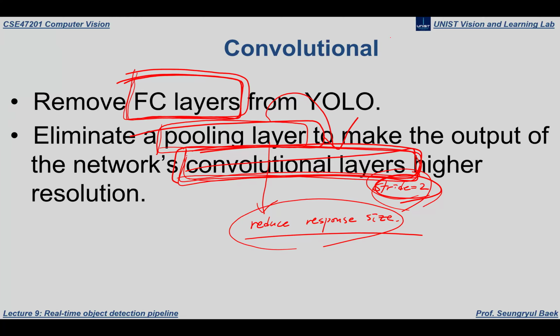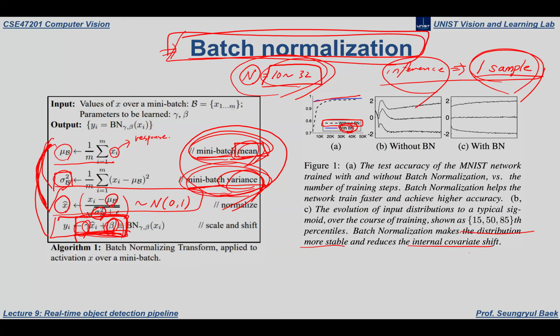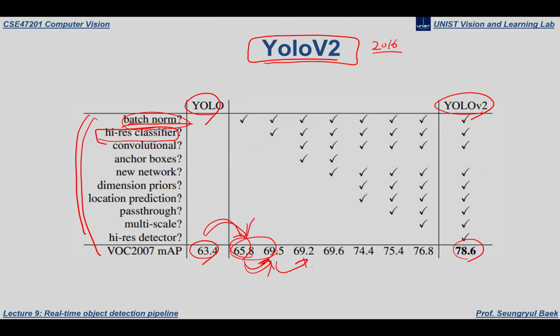So they are using more convolutional layers rather than FC layers or pooling layers. That's their motivation. And by doing this, their mAP is slightly reduced.